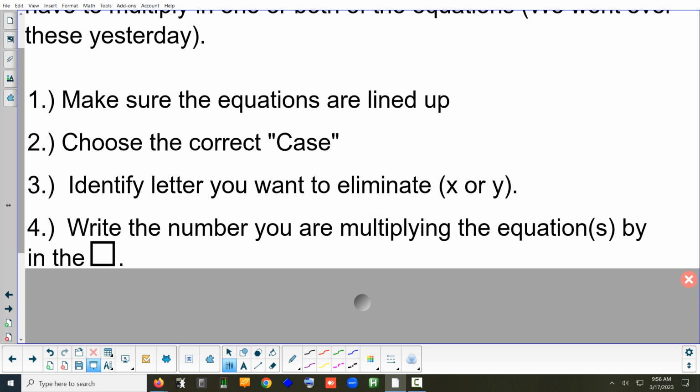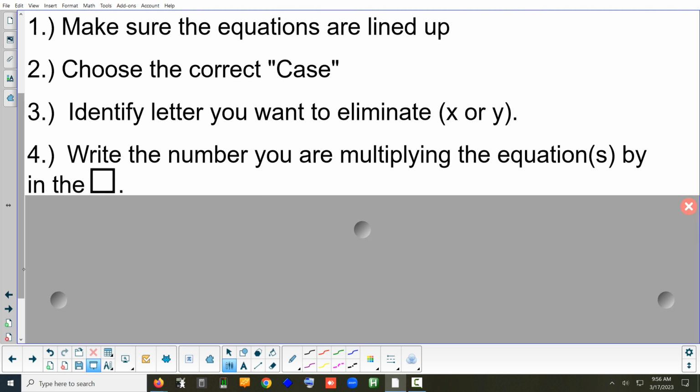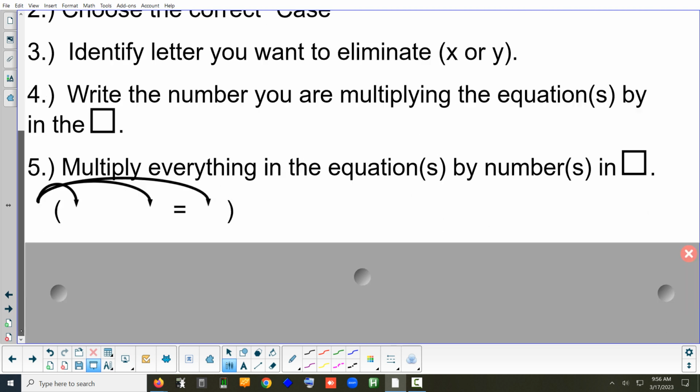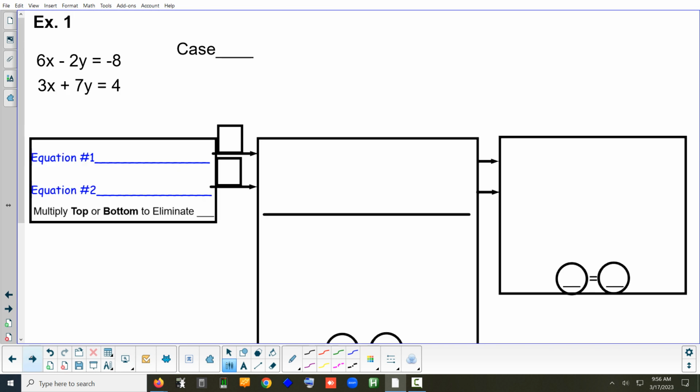Make sure everything's lined up. Think about the different cases we've learned. Start with the easiest one, and then work your way towards the harder one. If we get an easy problem, let's just do it the easiest way we can. If we have to do case 4 or 5, then that means we had a harder problem. All right, let's try it.